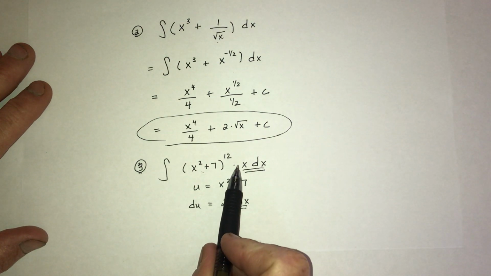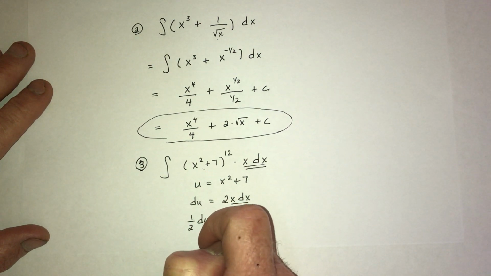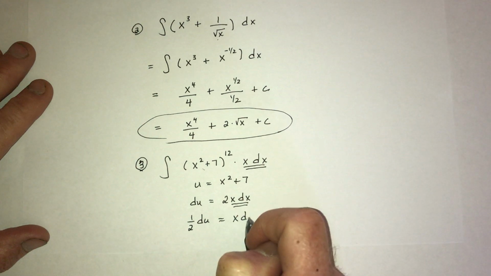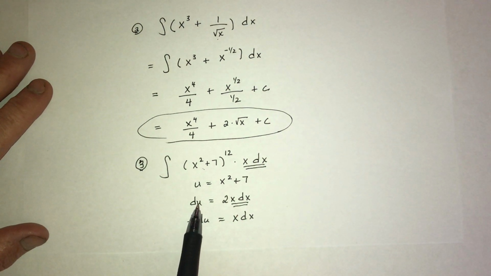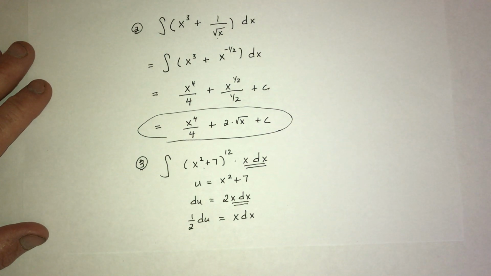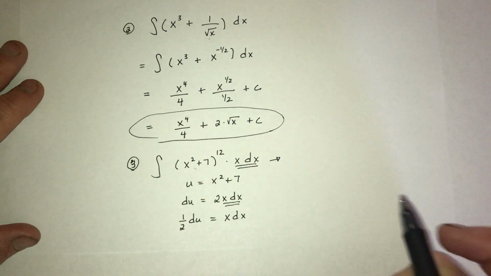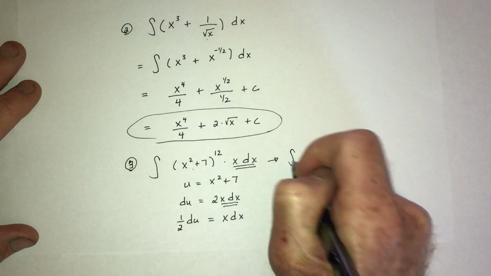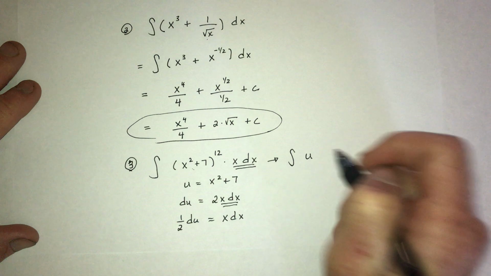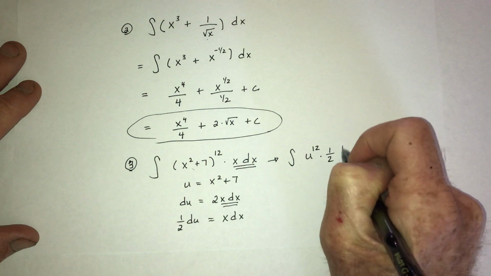The only thing is, this doesn't have a 2, so I need to get rid of this 2. So either multiply both sides by 1/2 or divide by 2. Keep in mind, in this step right here, you're only allowed to either multiply by a number or divide by a number. There's no adding or subtracting, and you cannot multiply or divide by a variable. Okay, so then going over here, it's going to be integrate, and then inside the parentheses is u, and so that's raised to the 12th, and then times 1/2 du.